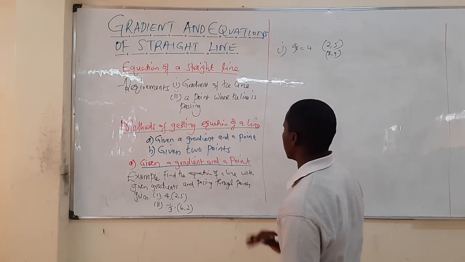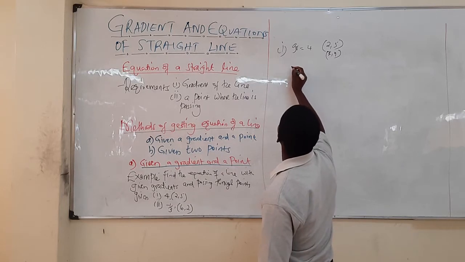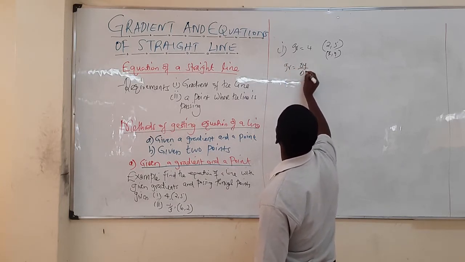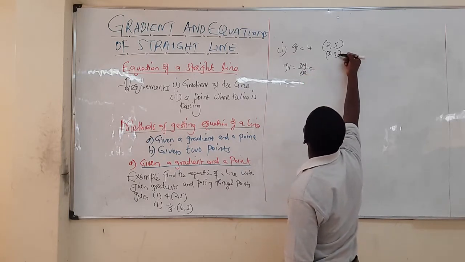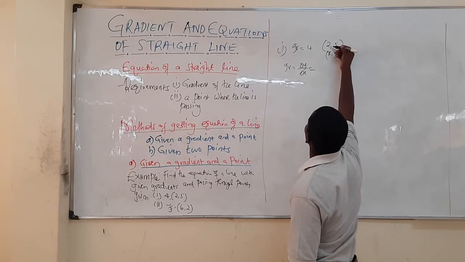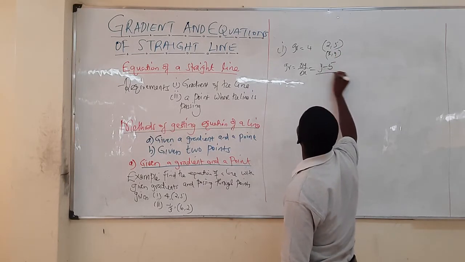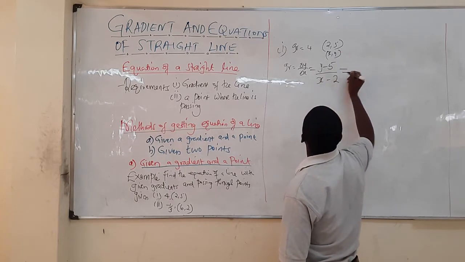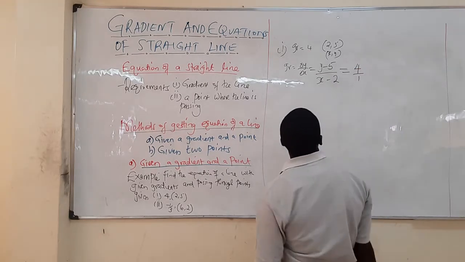The formula for the gradient is change in y over change in x. So change in y will be y minus 5, divided by x minus 2. This gives us the gradient, which equals 4, and 4 is the same as 4 over 1.